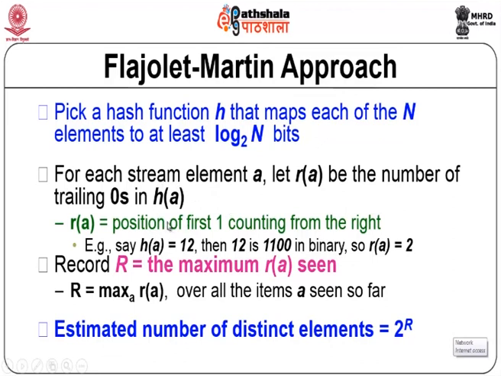Here, when the number of trailing zeros increases to a larger number, it indicates the hash value that is given is also large. Therefore, you will have to choose a hash function accordingly, and when the maximum r is so large, it indicates a maximum number of distinct elements seen.